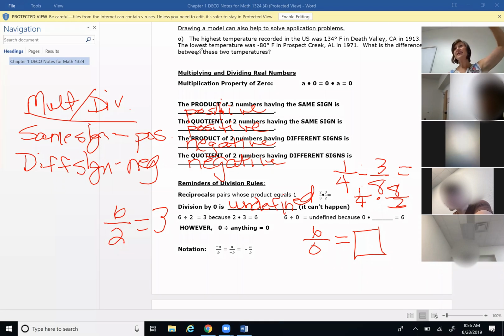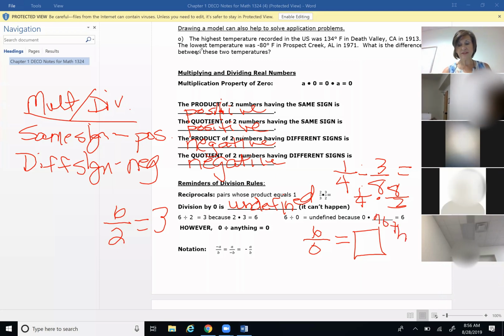So if I have any number divided by 0, that is undefined, because there is no number I can multiply it by to get 6. Okay, that won't work. Make sense? All right, now if the 0 was on top and I had 0/6, what would that equal?